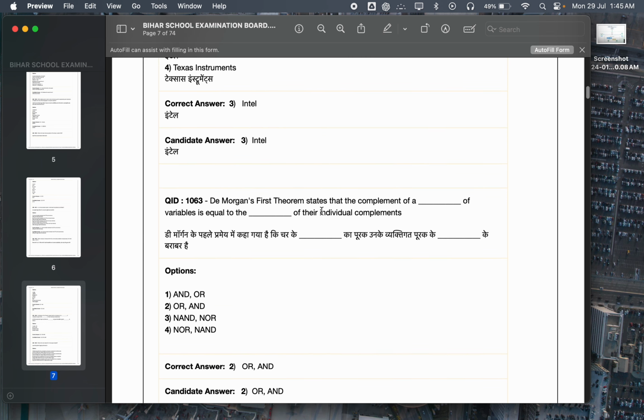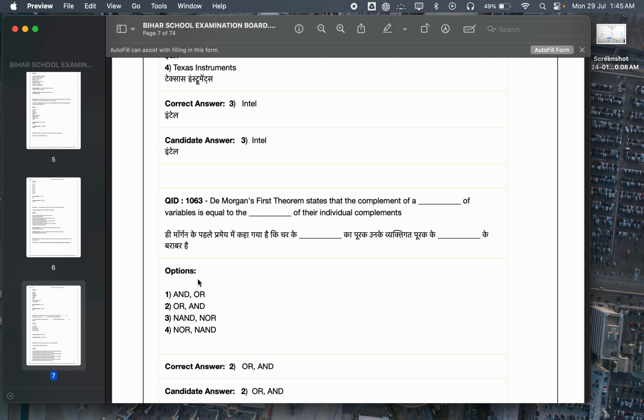De Morgan's first theorem states that the complement of the OR of variables is equal to the AND of their individual complements. This was a tricky question. I had to think what it means. So it states that the complement of an OR of variables, so we want to do a complement of an OR of variables.